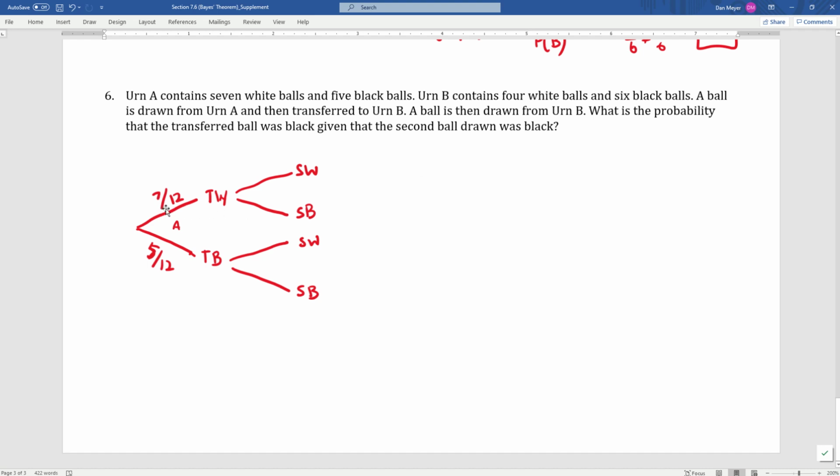Again, we're looking down this top main branch. B already had 4 white and 6 black, and after transferring the white ball, now I have 5 white and 6 black. So the probability that the second ball chosen is white is 5 out of 11. There's now 11 balls in urn B, and 5 of them are white and the other 6 are black.